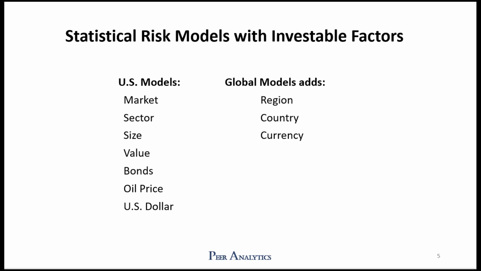We model over 140,000 securities on a daily basis to estimate for each, first market exposure or market beta, then sector beta, which is net of market impact, then size beta, which is net of both market and sector impacts, and so on. And by the way, because all these factors are, by definition, uncorrelated, we avoid the collinearity problem that caused the conventional models to all blow up in March of 2020.